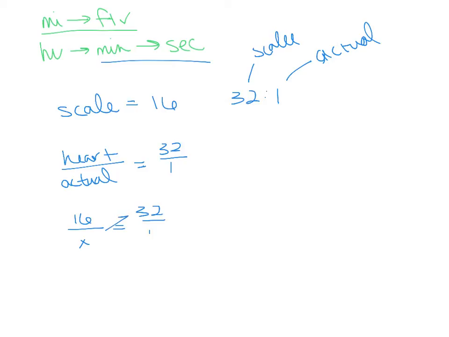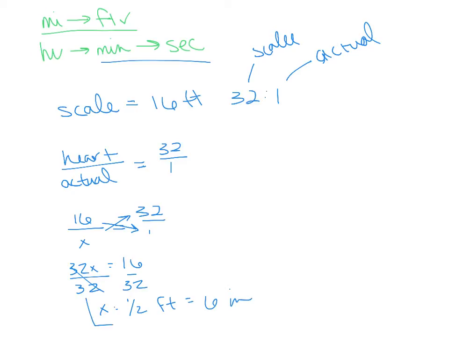We cross multiply, and you get 32x equals 16, divided by 32, and x equals 1/2. Now that is 1/2 foot because the scale was in feet, okay? So 1/2 foot equals 6 inches. So that's how we got that.